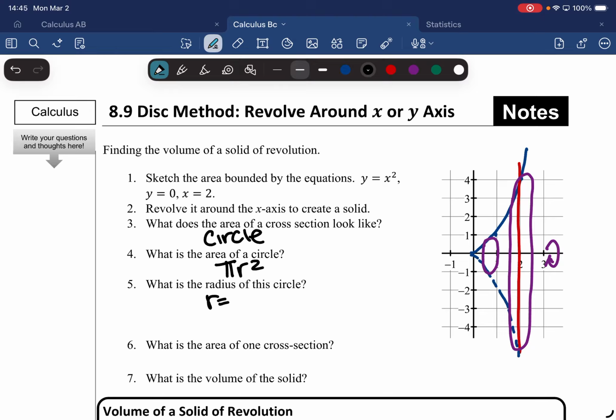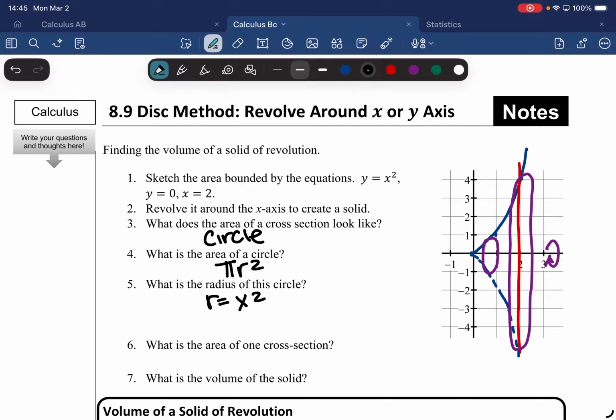Any ideas? The distance from the x-axis to the function. Since the x-axis is 0, we're only really looking at our equation, which is x squared. So r is equal to x squared.